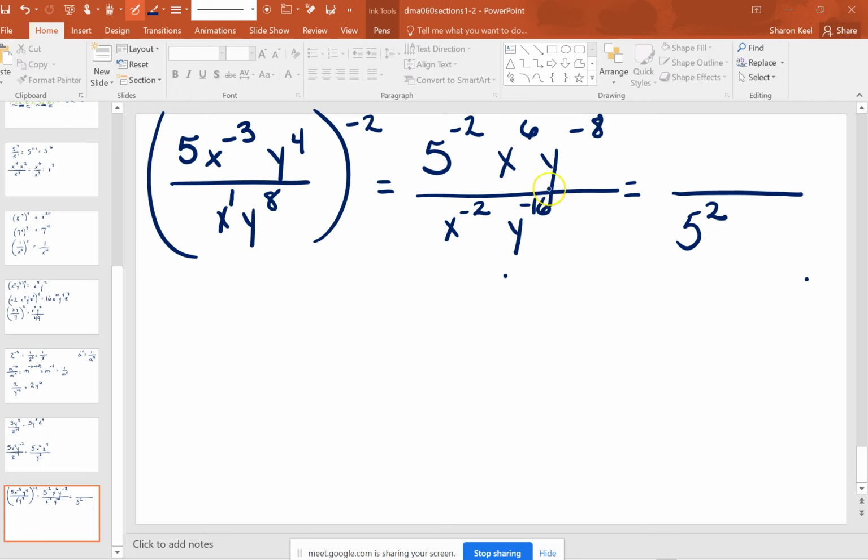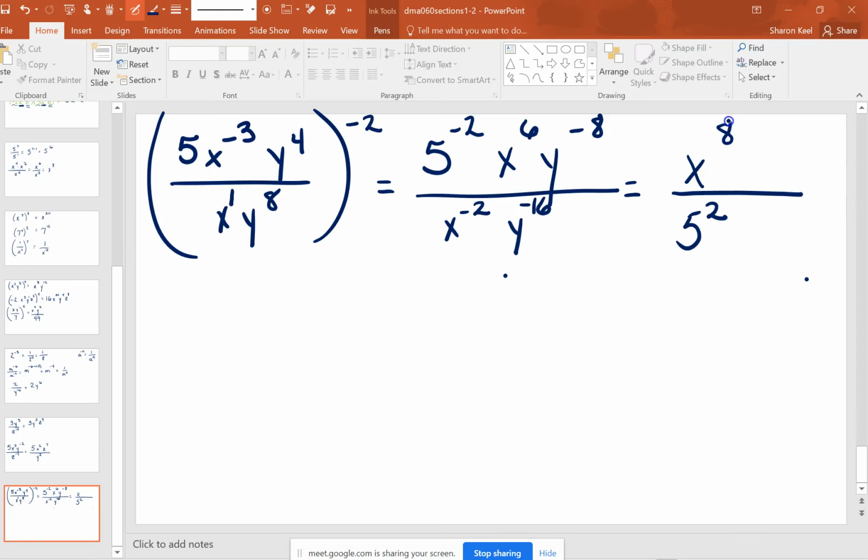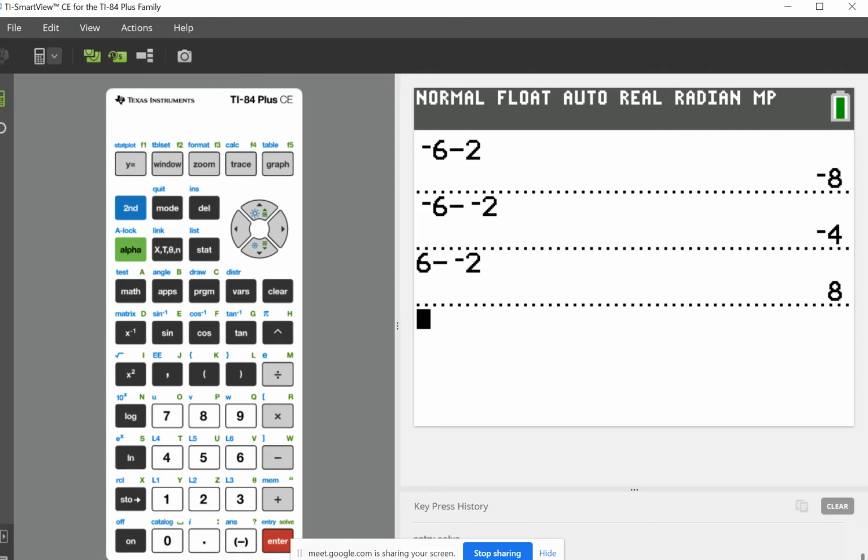With these values, what we're going to do is subtract. So here for the x, I'm going to say 6 minus negative 2. 6 minus negative 2 gives me positive 8. So x is to the 8th. For my y, I'm going to do negative 8 minus negative 16.